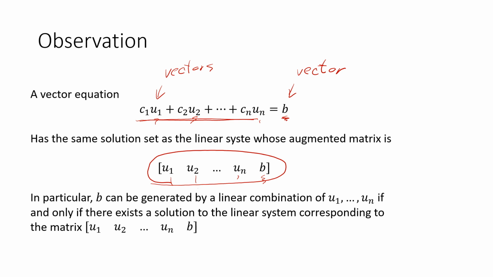In particular, we say that b, your final vector, can be generated by a linear combination of those u's if and only if there's a solution to this system using your augmented matrix. So linear combinations and vector equations are the same task as solving systems of linear equations. They're just two different ways of writing down the same problem.